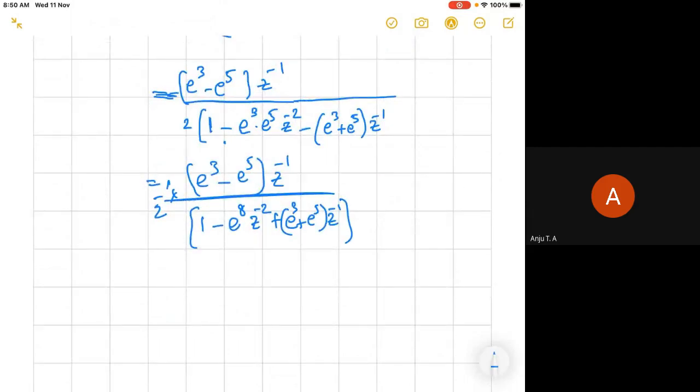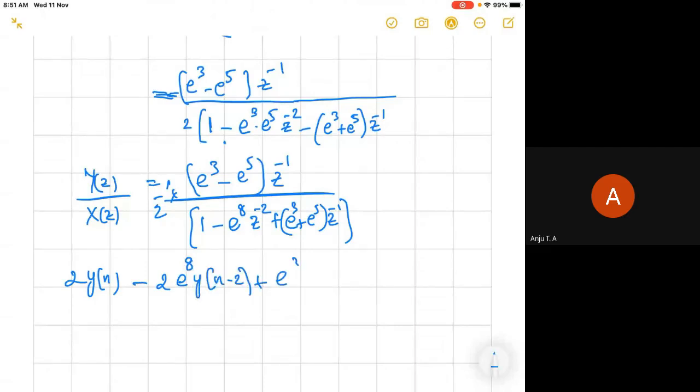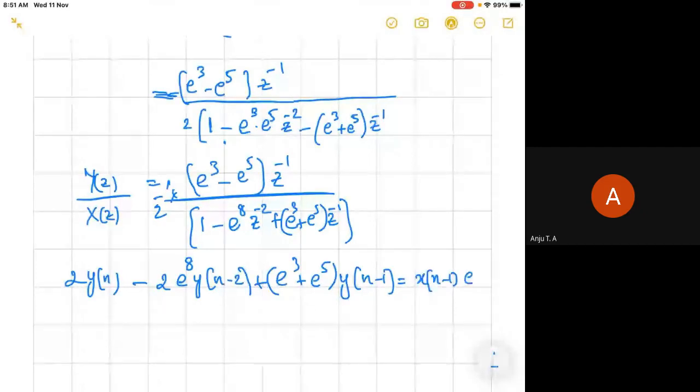So this is basically y z by x z. So you can write this as yn, you multiply with 2 also, 2 yn minus 2 e raised to 8 yn minus 2 plus e raised to 3 plus e raised to 5 yn minus 1 is equal to x of n minus 1 multiplied by e raised to 3 minus e raised to 5.